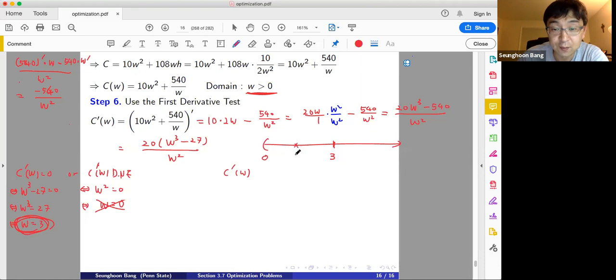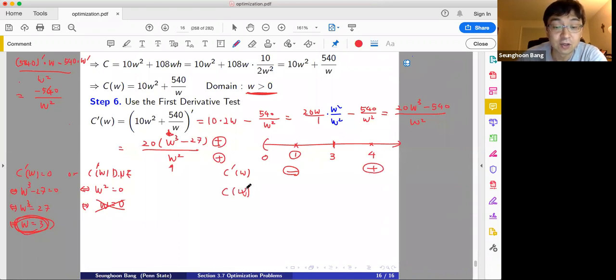I choose test number 1 and plug it in: 1 cubed minus 27 is negative 26, negative. The 1 squared is positive, and negative over positive is negative. Now I choose 4: 4 cubed is 64, minus 27 is a positive number, and positive over positive is positive.